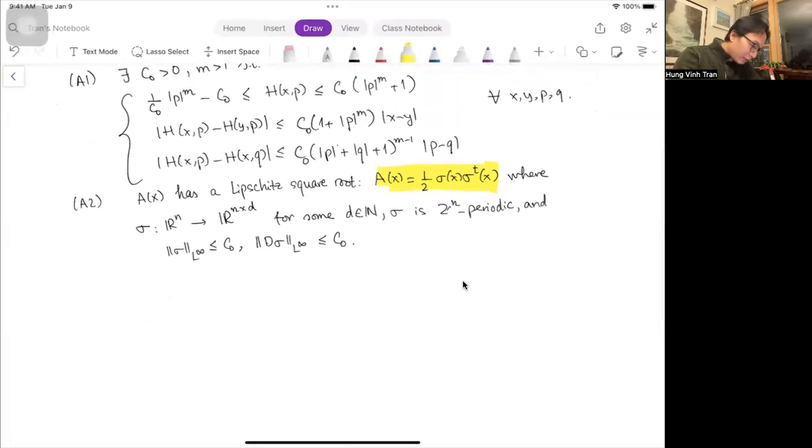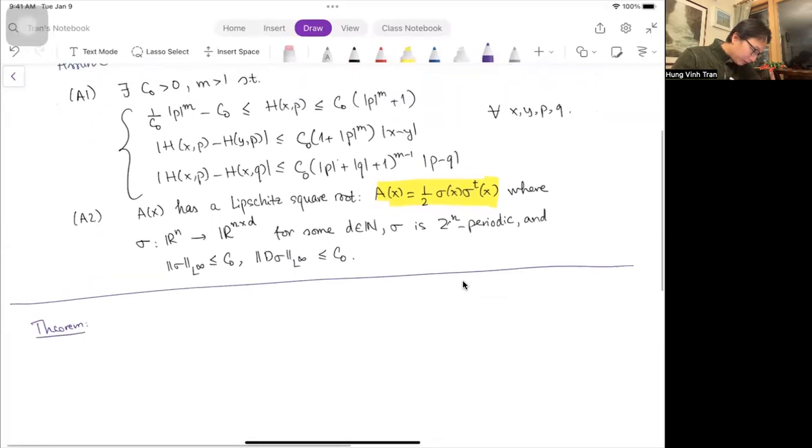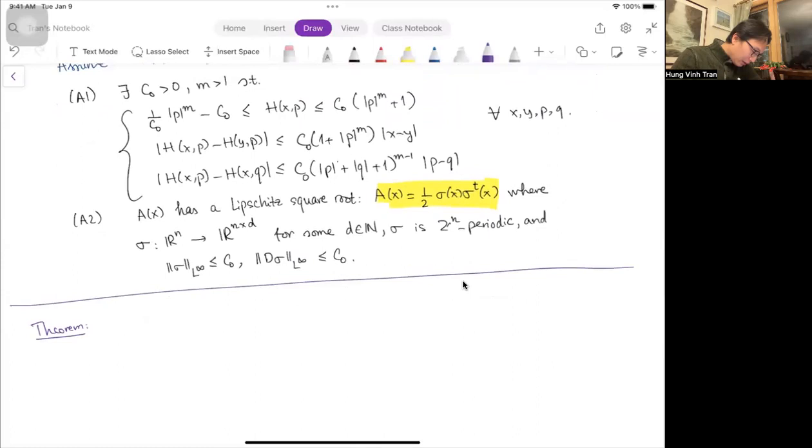And here's the theorem we want to prove for today. Theorem. Again, of course, under the assumptions A1 and A2, and Z^n periodicity, then the static problem, of course, has a unique viscosity solution u.